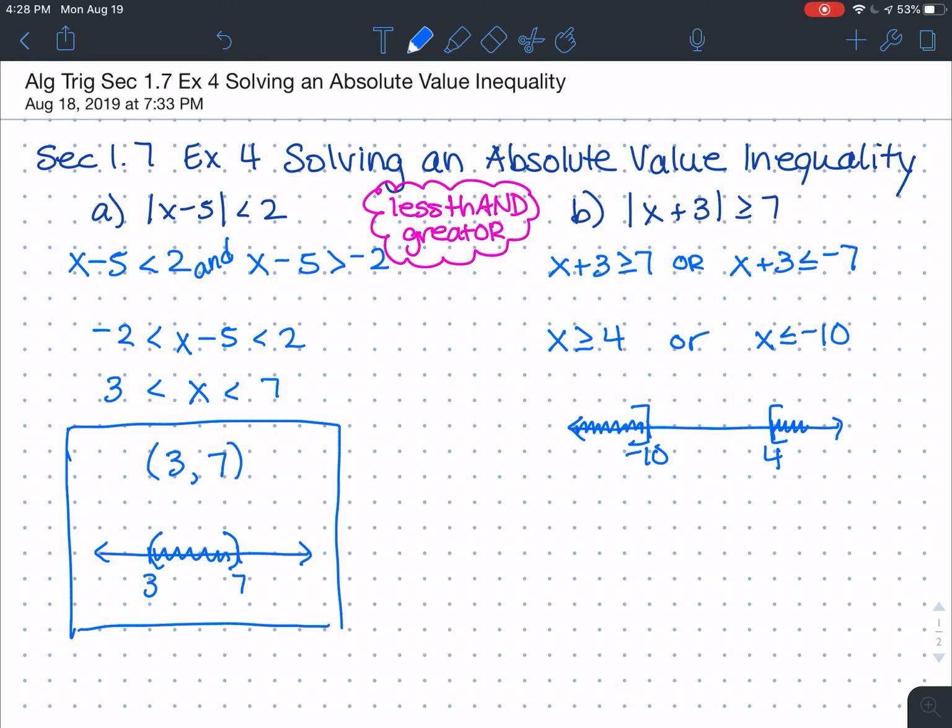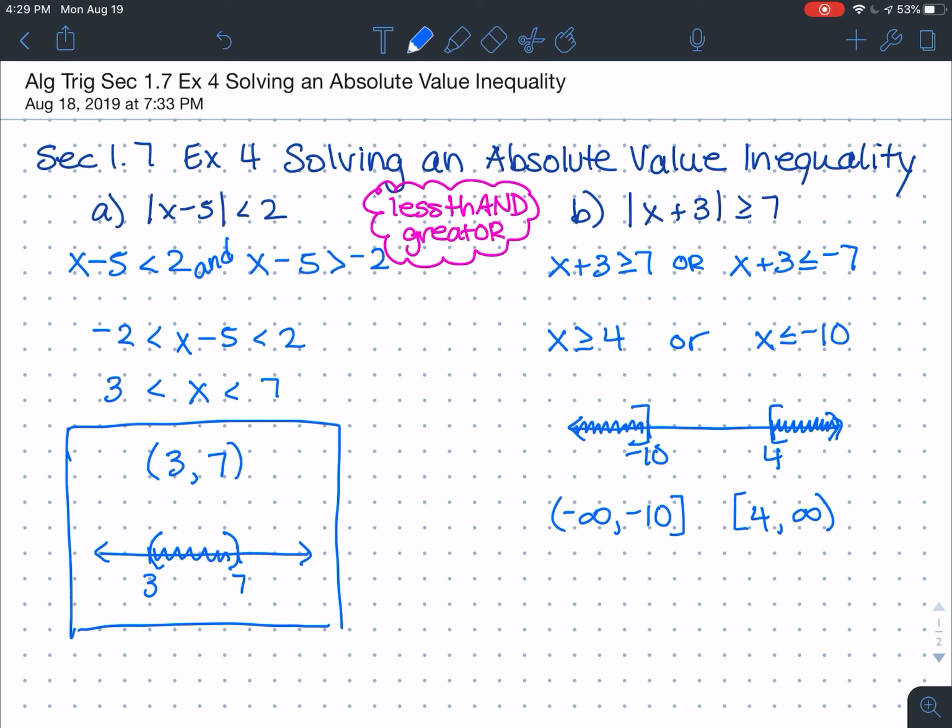So again, bracket, opening up in the direction of the shading. So I've got 2 intervals that I'm shading. I'm shading between negative infinity and negative 10, including negative 10. And I'm also shading between 4 and positive infinity, including the 4. So I put the brackets on those.